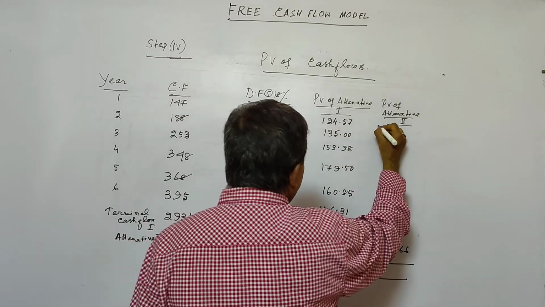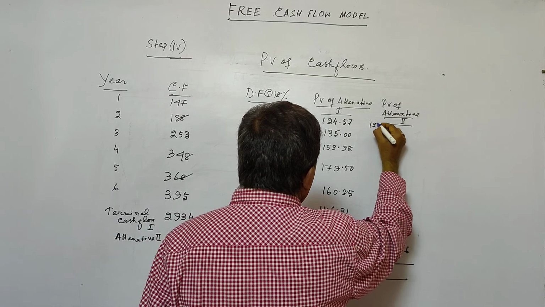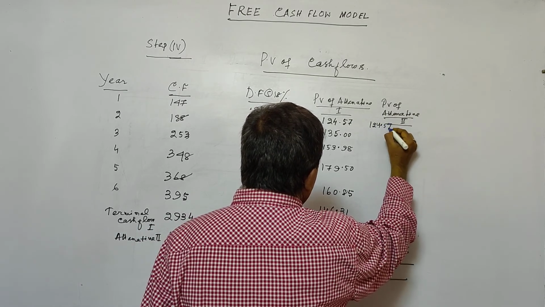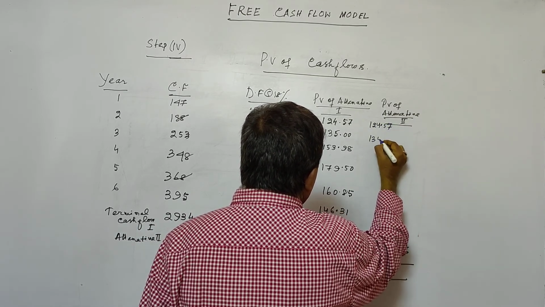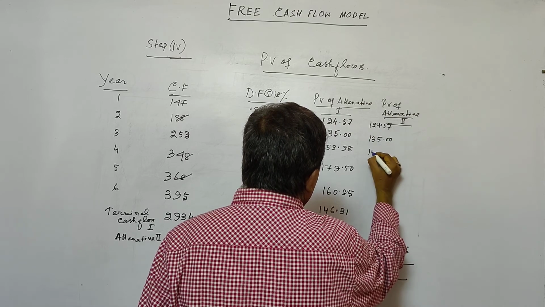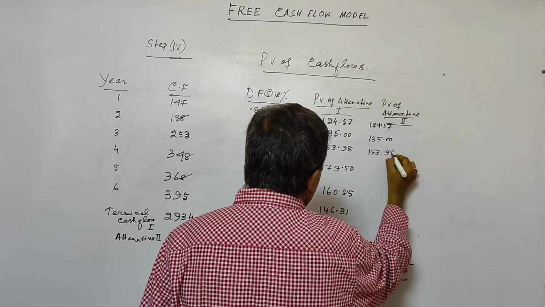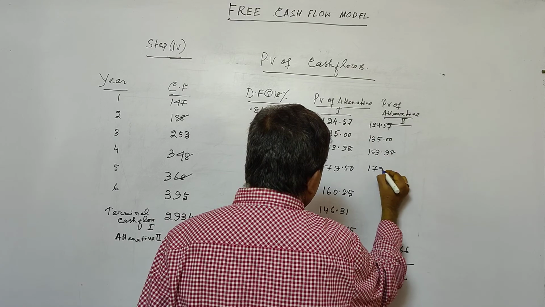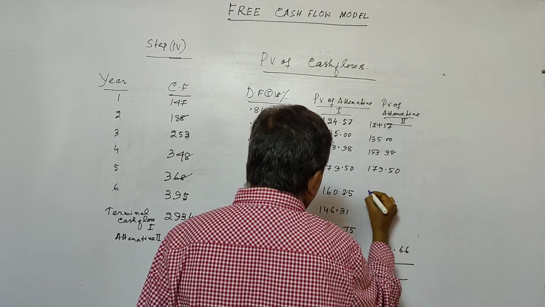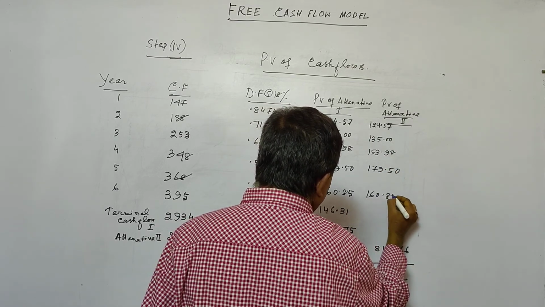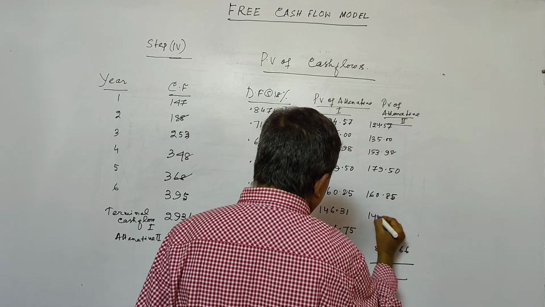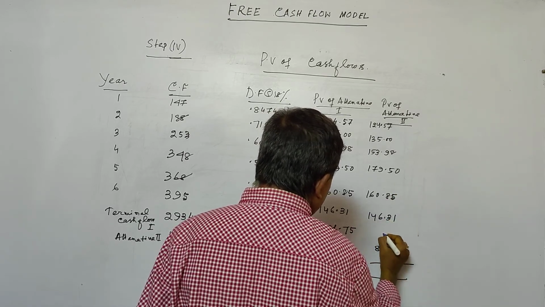These will be the same: 124.57, 135, 153.98, 179.50, 160.85, 146.31.